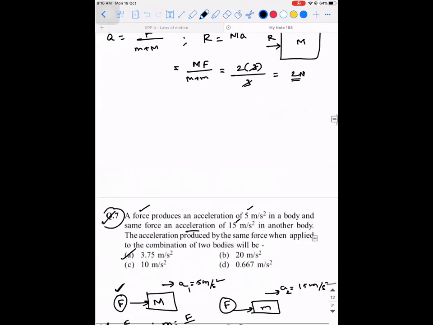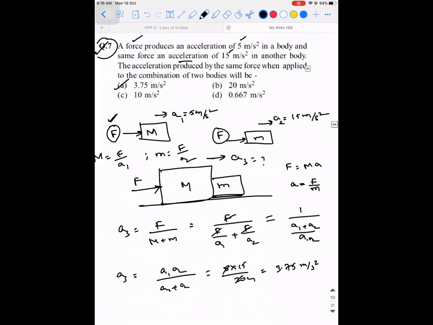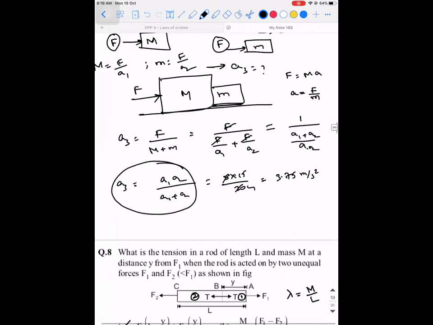So if you observe this, I'm able to find that this is the acceleration. A3 is equal to A1 A2 by A1 plus A2.